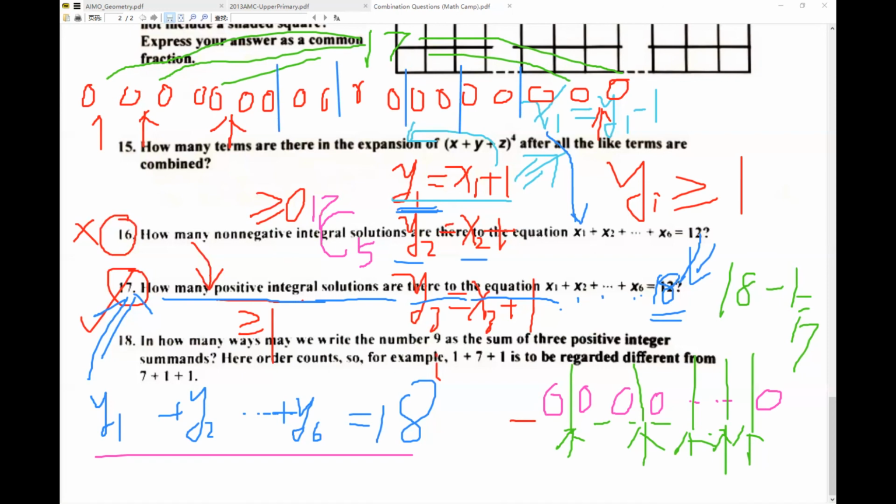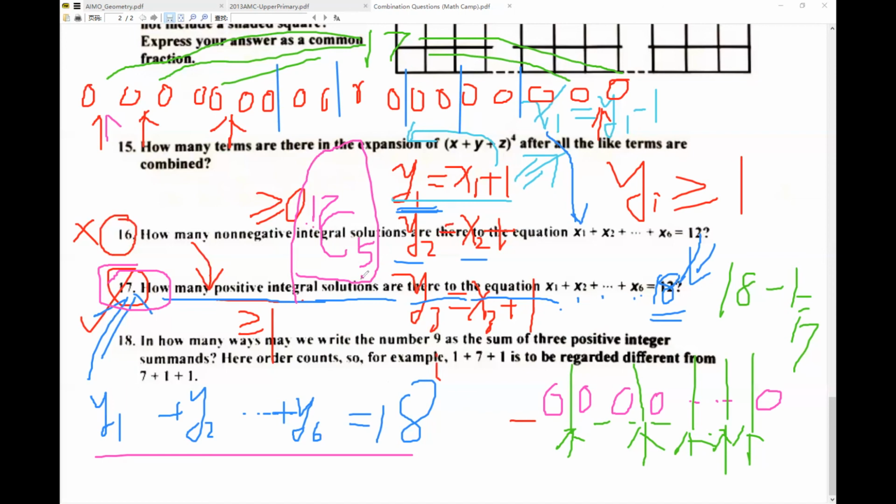Annie, did you get it? Yes. We do this question again. You remember? There are 17 gaps, but we only need 5 of them, right? How many different combinations? Of course, use this one: choose 5 from 17. Annie, do you remember?